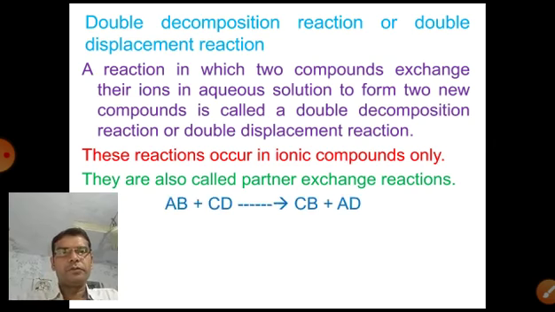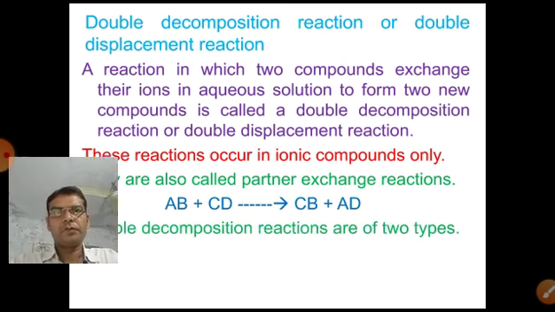For example, when AB combines with CD, they form CB plus AD. A exchanges with C and C exchanges with A. So a double exchange takes place in this reaction, and it is called a partner exchange reaction or double displacement reaction.